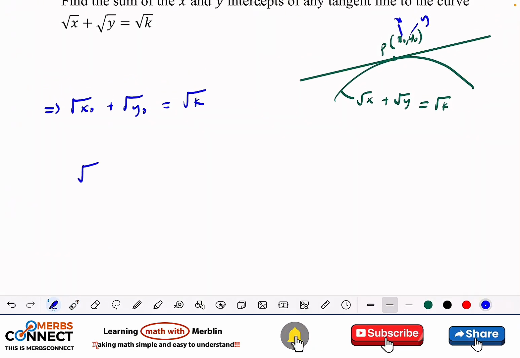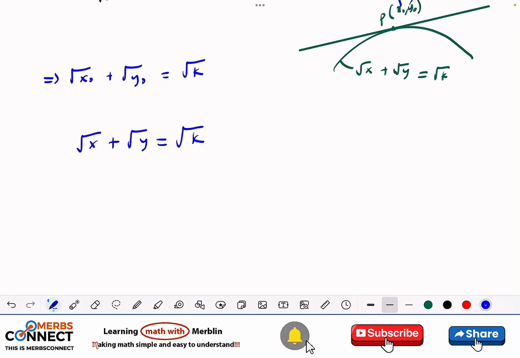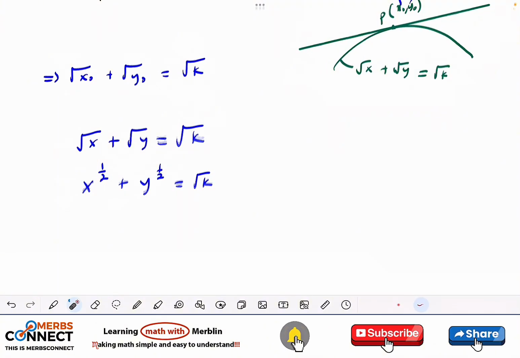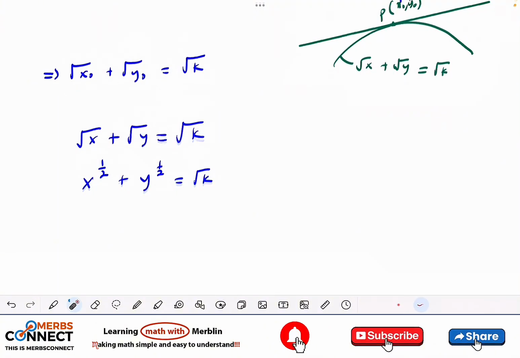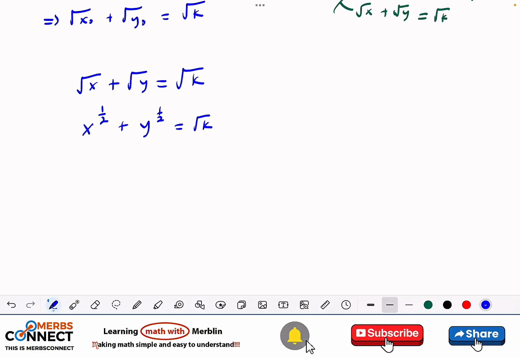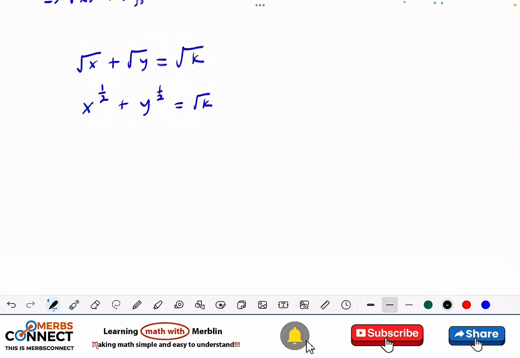Now, let's go. Root of x plus root of y is equal to root of k, and this is the same as x to the power 1 over 2 plus y to the power 1 over 2, which is equal to root of k. Now we are going to use something called implicit differentiation. I know you've heard it before. That's what we are going to use. So let's do that.